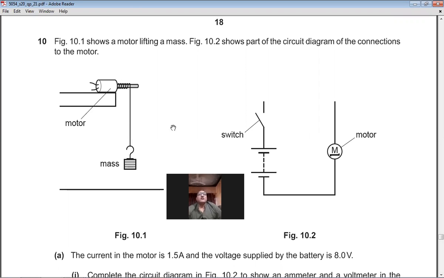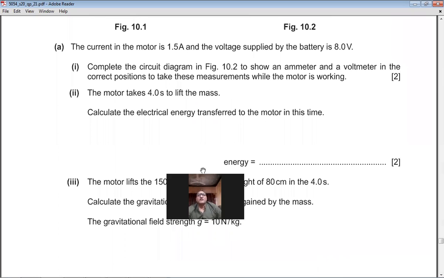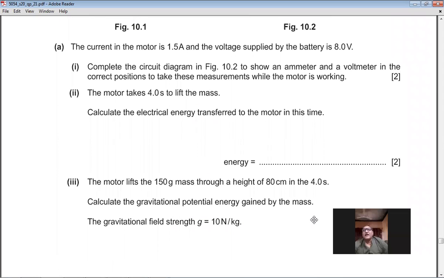So what do they want? The question says that the current in the motor is 1.5 ampere and the voltage supplied by the battery is 8.0 volt. Complete the circuit diagram in figure 10.2 to show an ammeter and a voltmeter in the correct positions to take these measurements while the motor is working.